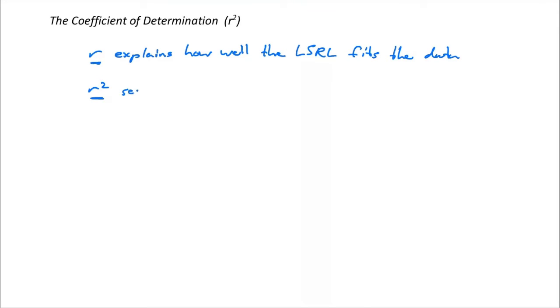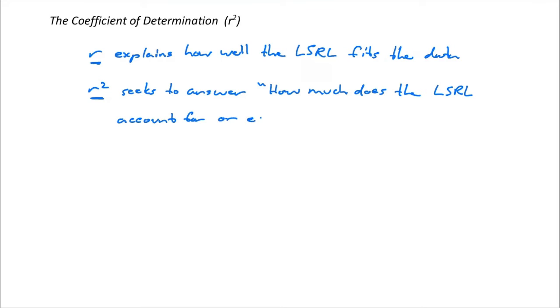R squared seeks to answer the question: how much does the LSRL account for or explain the variation in Y, whatever Y happens to be, your output, using X?